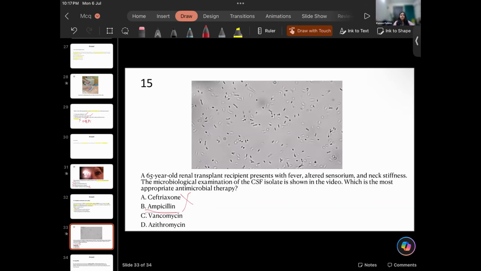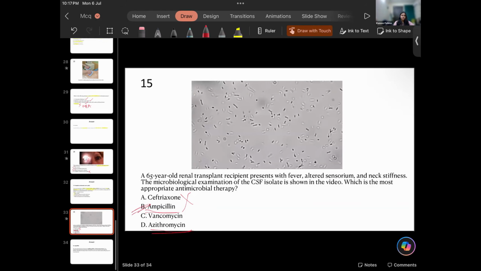Just like invasive cryptococcosis, there is meningitis. Azithromycin is not used in cases of invasive listeriosis. So the correct answer would be ampicillin.